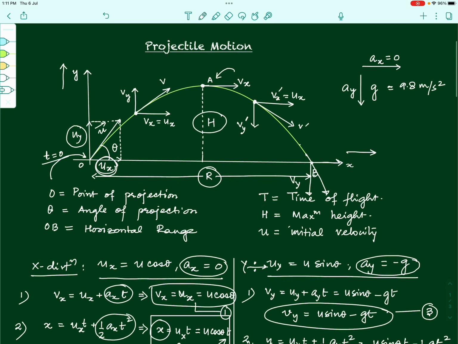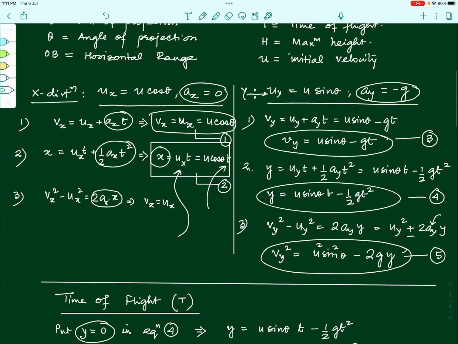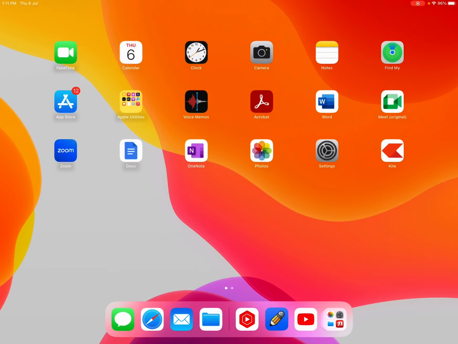So, which equation out of these 5 equations connects the y directional velocity with its y directional displacement? See that it is equation number 5. Equation 5 connects y directional velocity with y directional displacement. So, what we do here is we put y directional velocity 0 and find out correspondingly the y directional displacement, which will give us the maximum height.